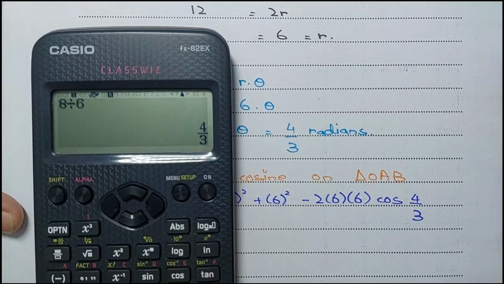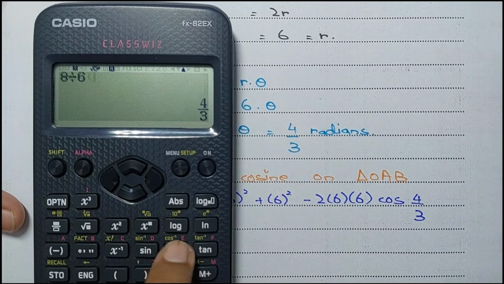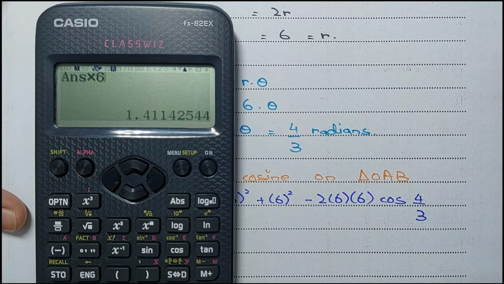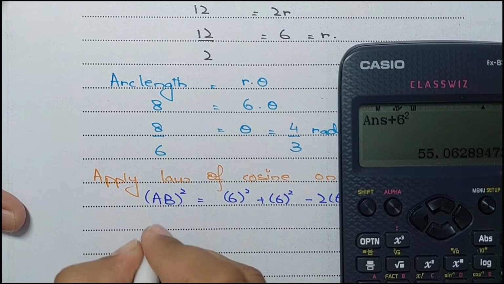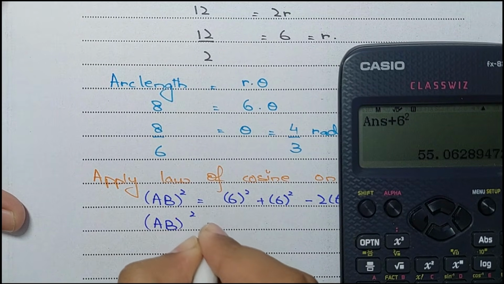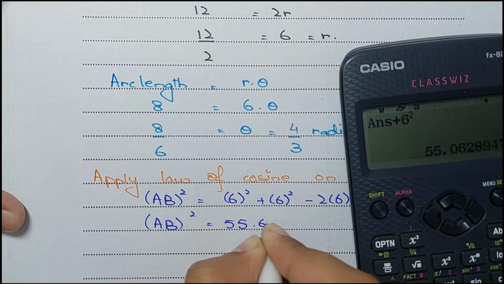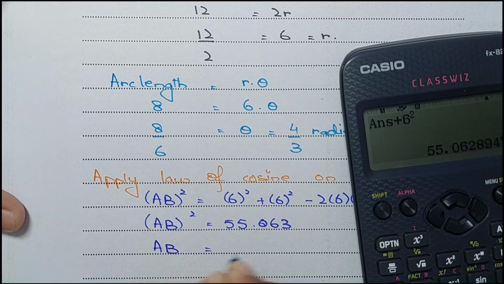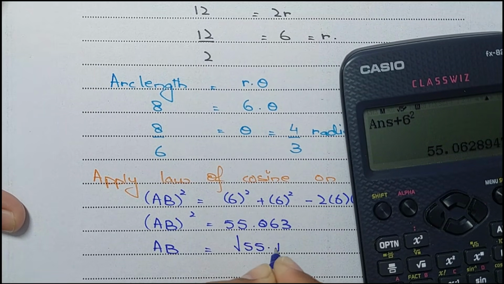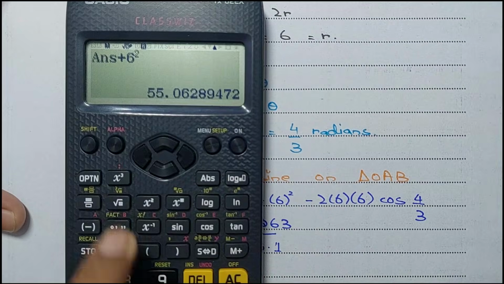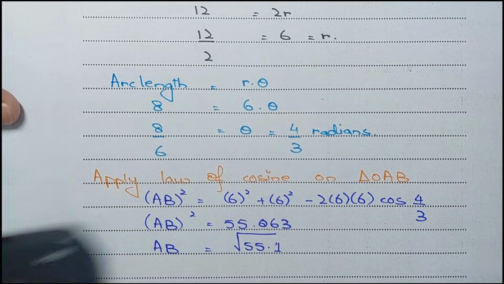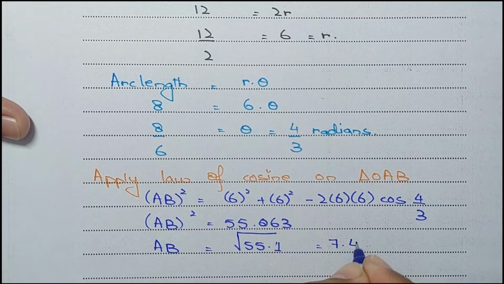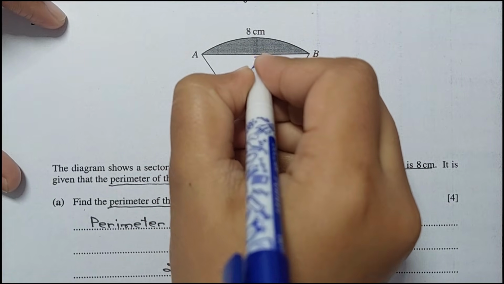My calculator is in radians, so find cos 4 by 3, times 6 times 6 times negative 2, then add 6 squared, then add 6 squared. This is your AB squared: 55.0063. Now to get the value of AB, take the square root of 55.1. If you round it, the answer is 7.4. So we got AB, which is 7.4.